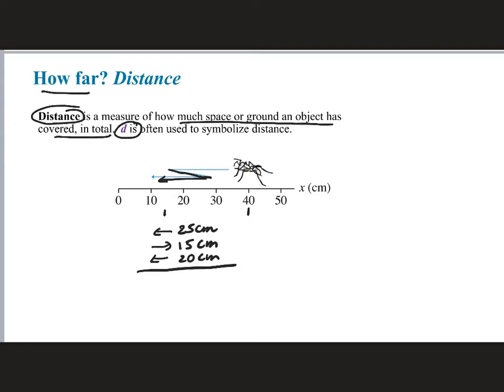In total, even though it did a lot of doubling back and didn't get very far overall, that ant traveled a total distance of 60 centimeters. So distance is overall how much space it covered without really caring about all the doubling over on itself.